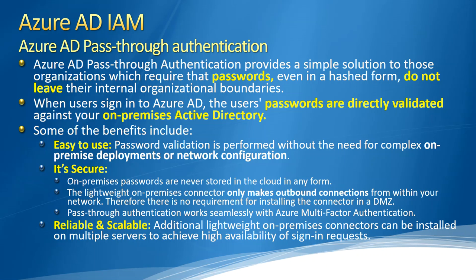In security parlance, that's a big risk. And if you needed that kind of connectivity, you would put your server in the DMZ. But with the pass-through connector, you don't need that, because it makes an outbound connection.